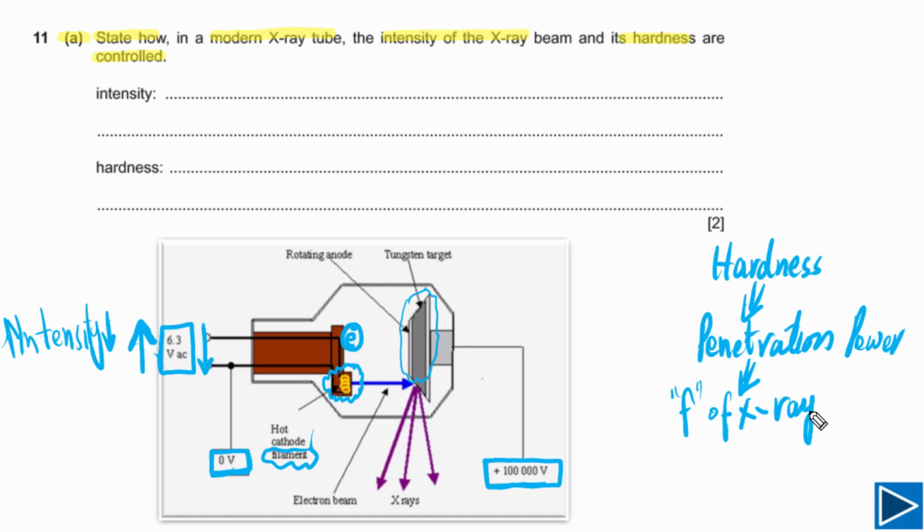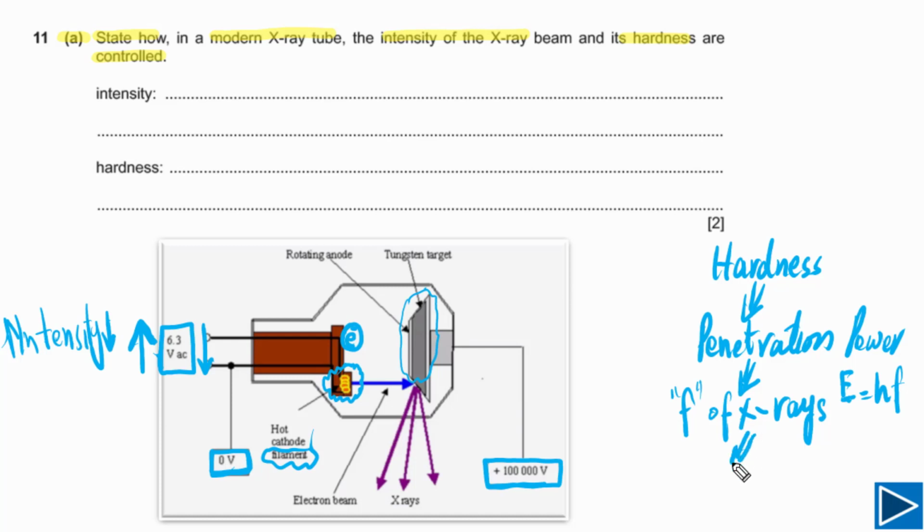If X-ray photons carry more energy, the frequency is higher. As we understand, the energy of a photon is equal to hf. The higher the frequency, the higher the energy. If the energy is greater, the penetration power is greater, or we can say the hardness is greater.